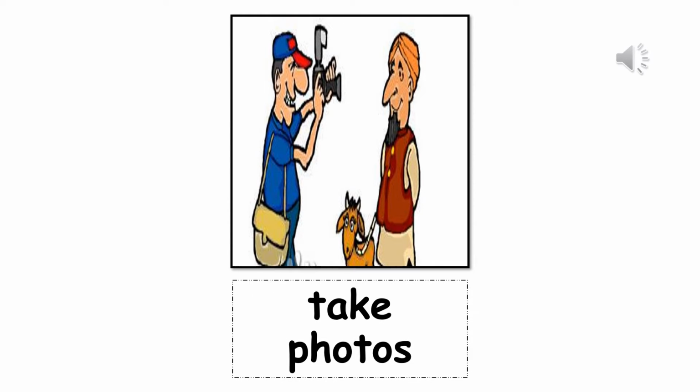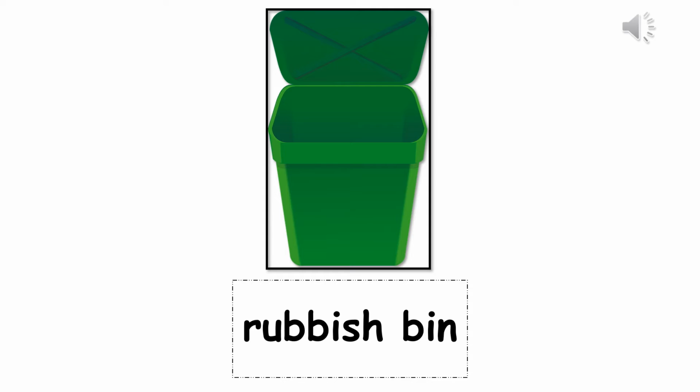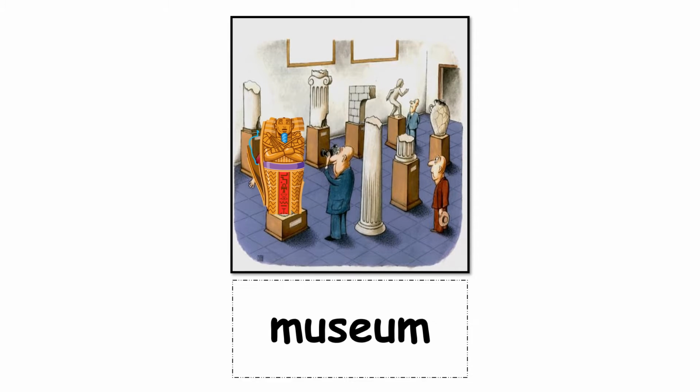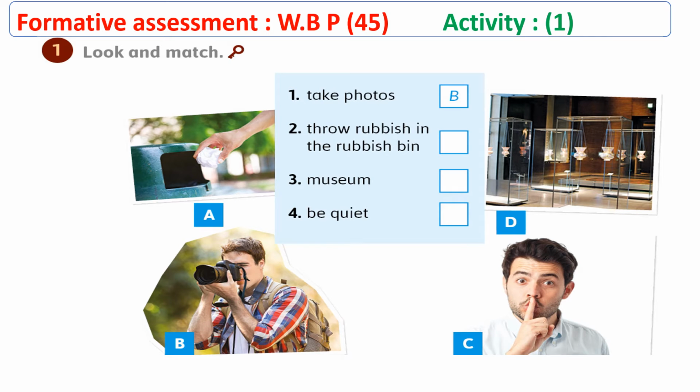Take photos. Rubbish bin. Museum. Very good. Now we come to do affirmative assessment, workbook page 45, activity number 1.